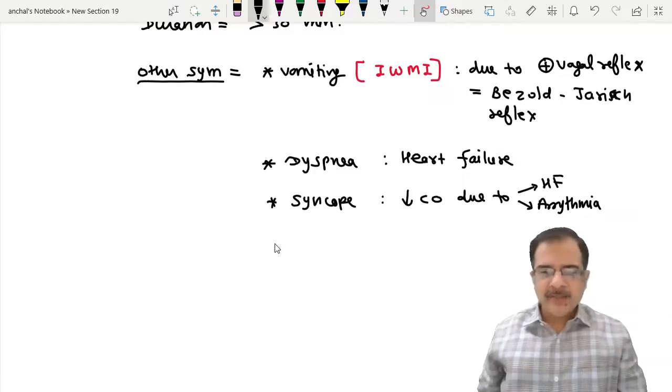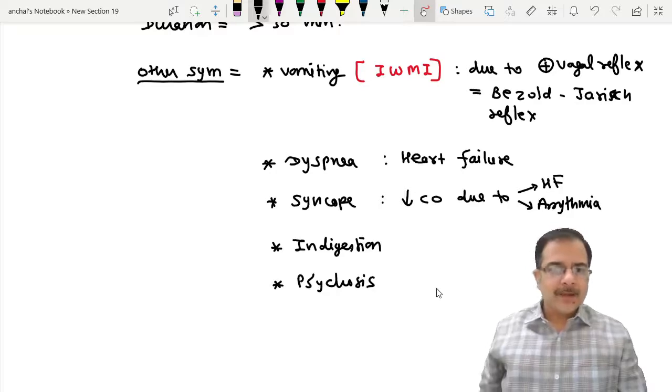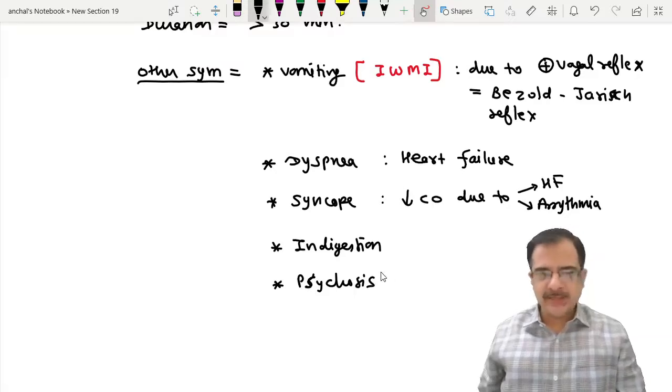Another symptom is indigestion. Surprisingly, it can also present as psychosis or restlessness, especially in the elderly. So always do an ECG in these patients.